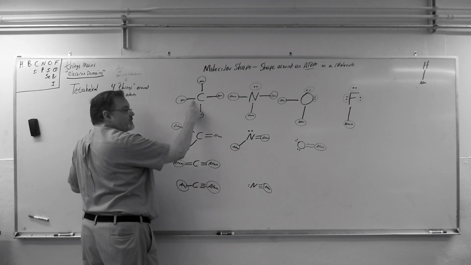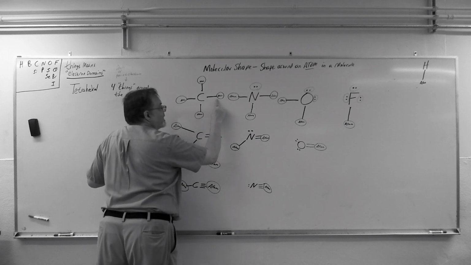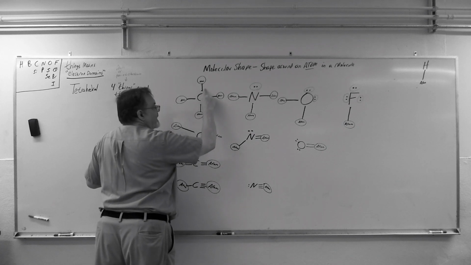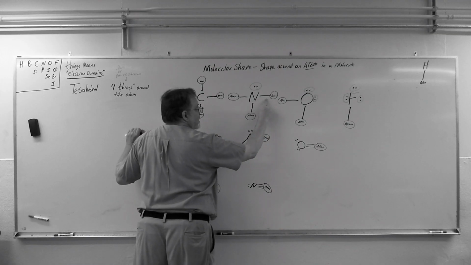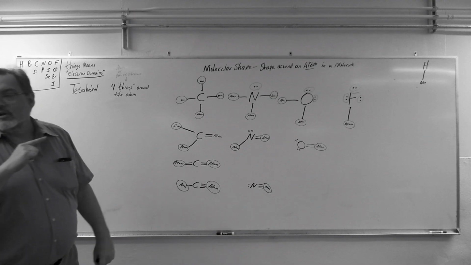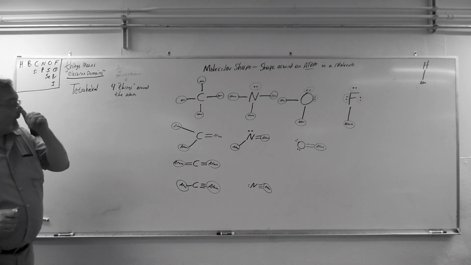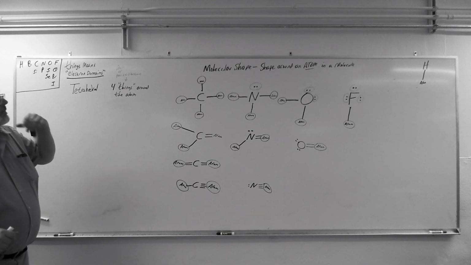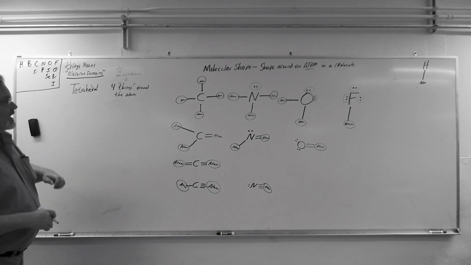This pair is an electron domain. This pair is an electron domain. This pair is an electron domain. This pair is an electron domain. Over here, this pair, this pair, this pair are electron domains, and then that pair of electrons, that's also an electron domain. Just some vocabulary for me to use while I talk. But the 4 things around them, 4 of them are electron domains, and we say they're tetrahedral.